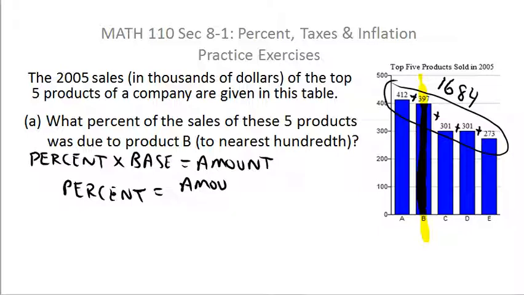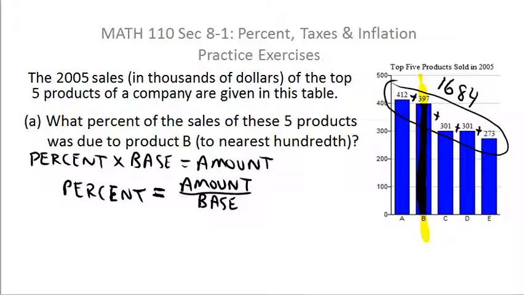In the earlier problems, I was just using the top version of the formula and doing the algebra, but as you're getting more sophisticated, you're probably going to want to make things a little easier on yourself. So when I'm solving for percent, I'll just remember that the percent is the amount divided by the base.